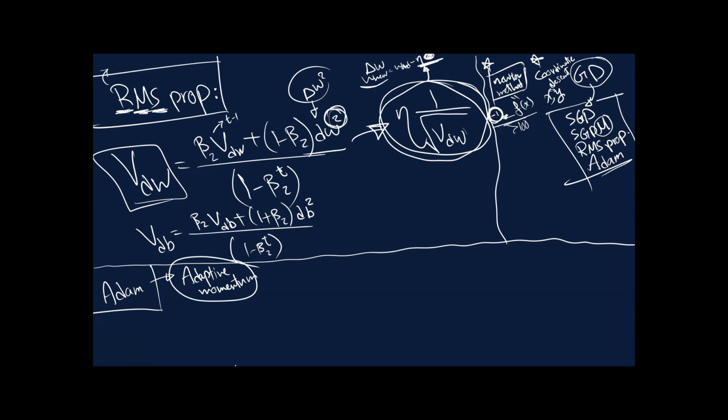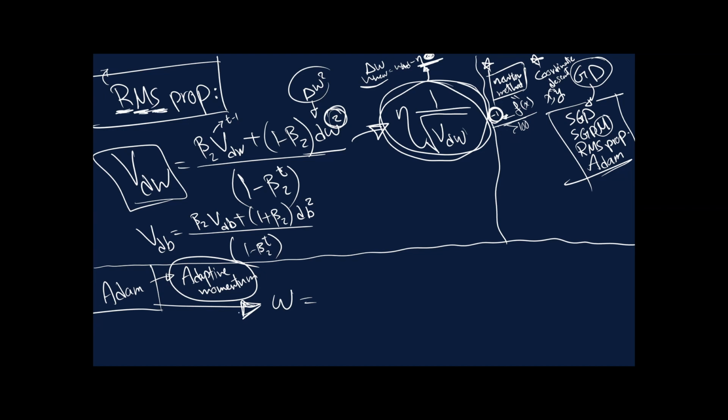By the way, this ADAM is like the most popular optimizer right now that you can use. So you can just say that you are going to use ADAM optimizer for many problems, and it would give you good results, I think.